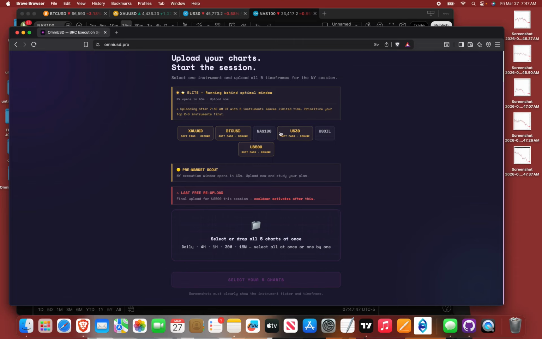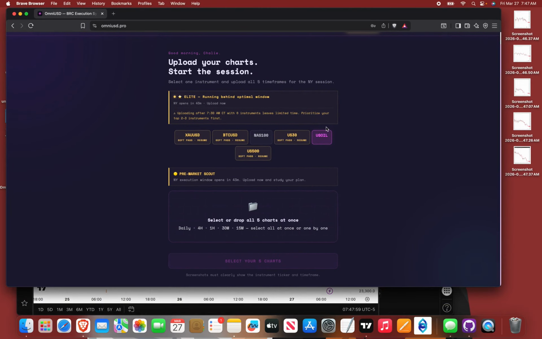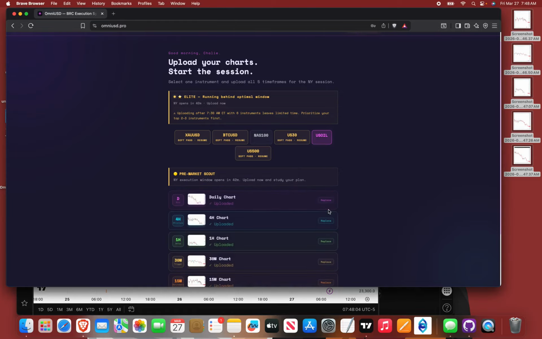So now we are on NAS100, right? Make sure you own the right ticker because it will reject your charts. Let's test it out to see if it rejects it. So we did NAS100. Let's see if it accepts oil. I'll show you how that works.